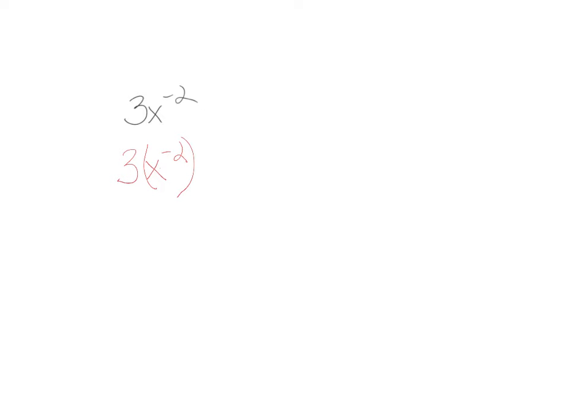So what that means for us is this all starts in the numerator, but the 3 is going to stay in the numerator. The 3 is not raised to a negative exponent and therefore does not need to move. But the x as a base is raised to a negative exponent and it does need to move to the denominator. And so that's our simplified form there.